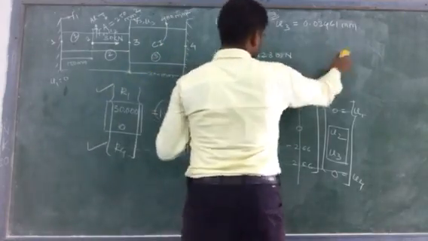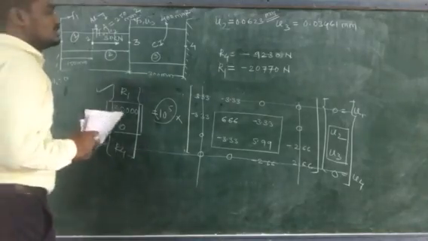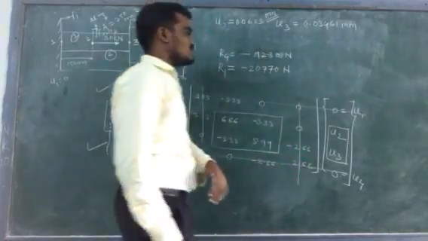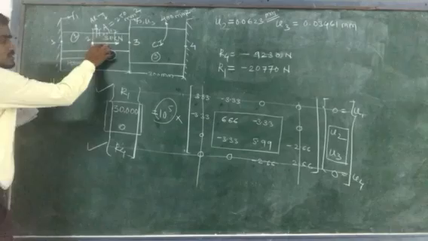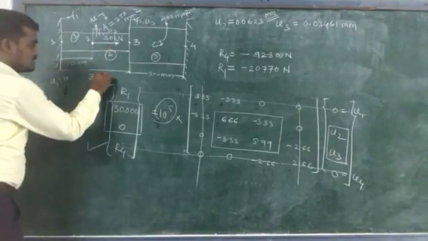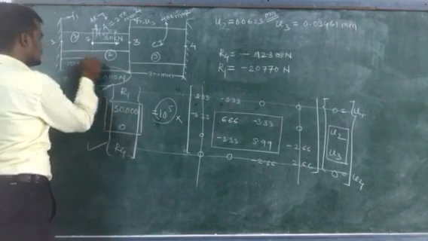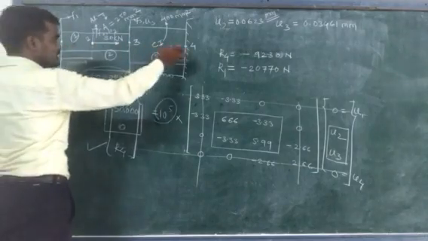Now, whether these values of u2 and u3 are correct, you need to cross check with your force of 30 kN. This 30,000 newtons must be balanced by these two reactions, the reactions at the left support and the reactions at the right support.